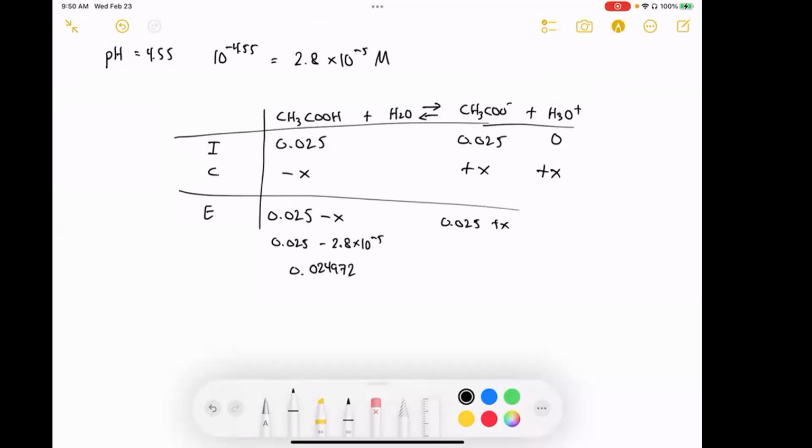And if we add our values here, 0.025 plus 2.8 times 10 to the negative fifth, that's still around 0.025028. You see that it doesn't really matter because the numbers are so small.